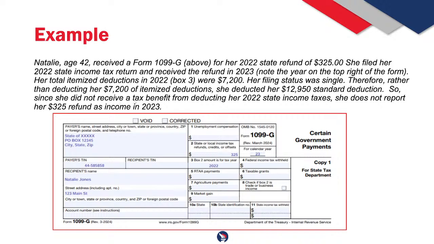Since she did not receive a tax benefit deducting her 2022 state income taxes, she does not have to report this $325 as taxable income. But like I said, I go ahead and enter it in Fusion anyway. Fusion will ignore it because there's a box I can check saying she didn't itemize last year. But like I said, Natalie saw me put it in. She's going to continue to bring me this form.